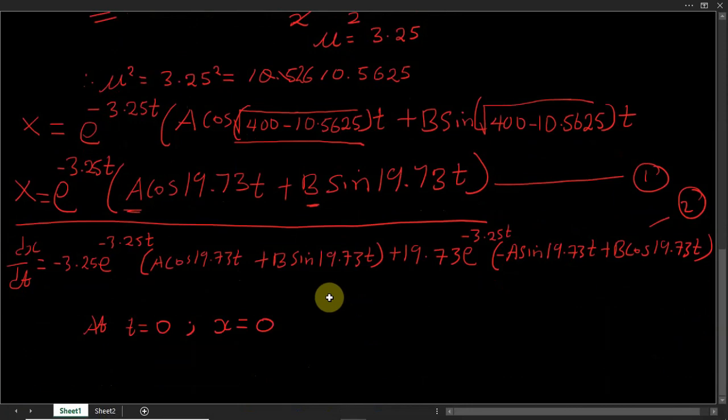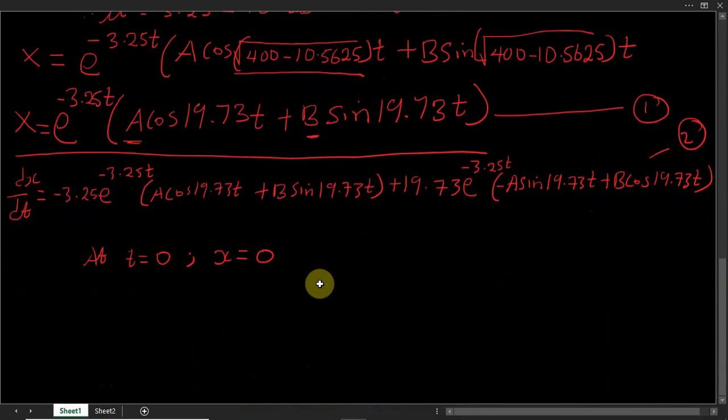So when you have these initial conditions, in place of x we put 0, and in place of t we put 0.